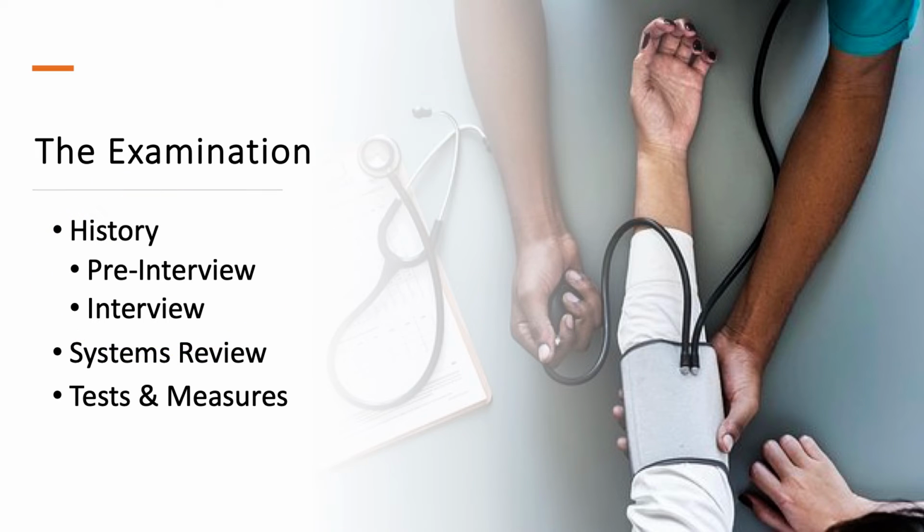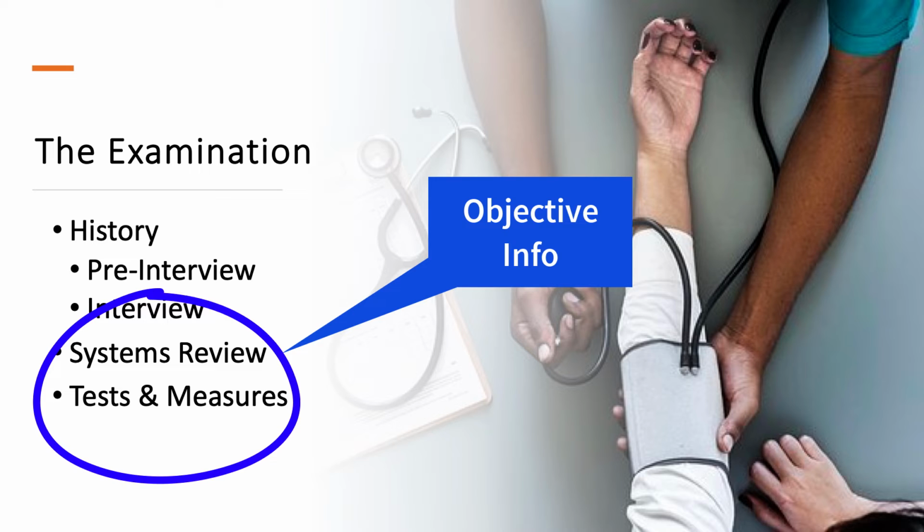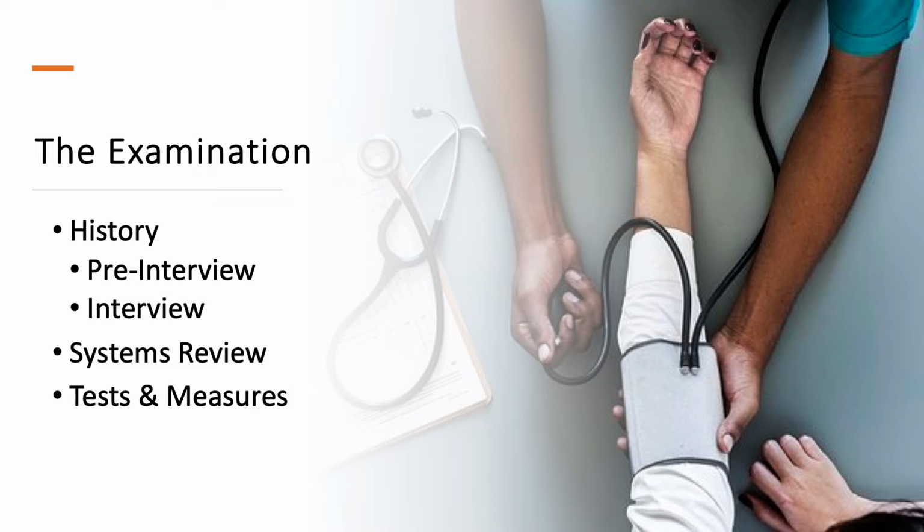Then the objective portion of the note would include any physical assessments, which would include the systems review and tests and measures. As we teach this, we try to stay consistent with the terminology used in that APTA Board of Directors document that I referenced earlier. It keeps it simple and also follows the professional standard of care from the APTA.